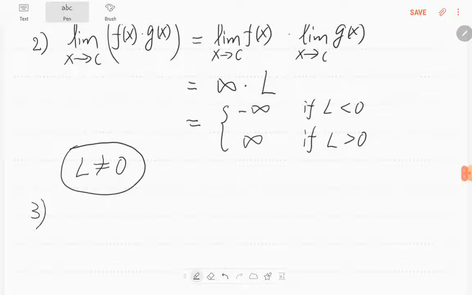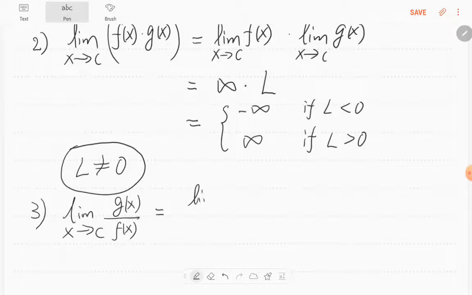Third, the limit as x approaches c of g of x over f of x. So we have the limit of g of x over the limit of f of x.